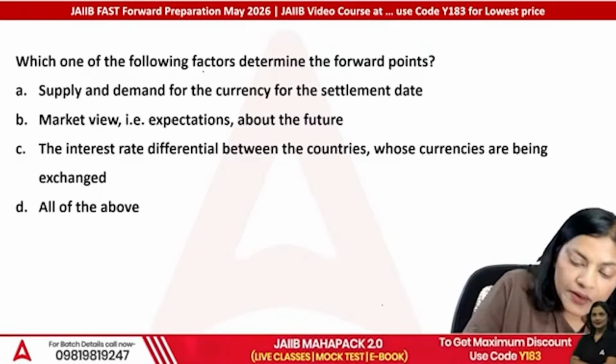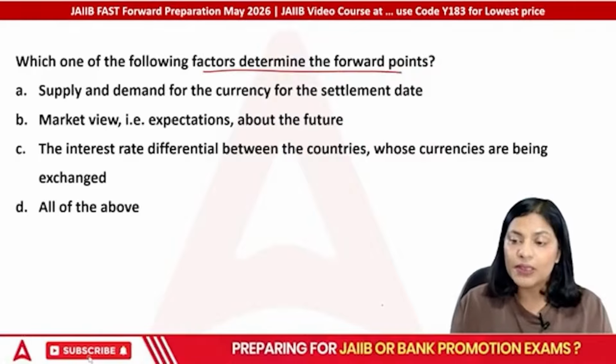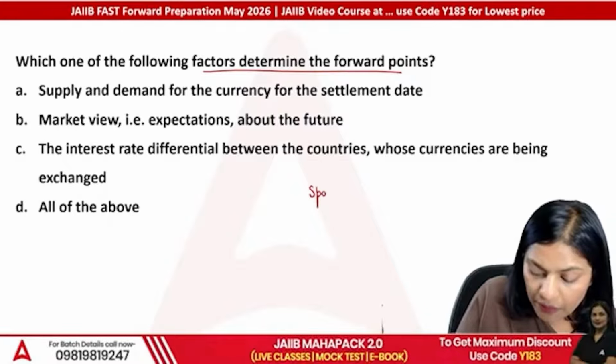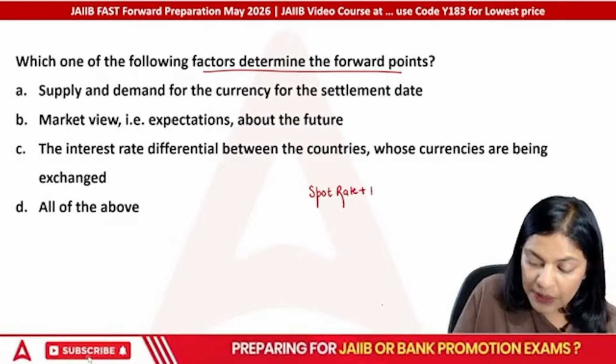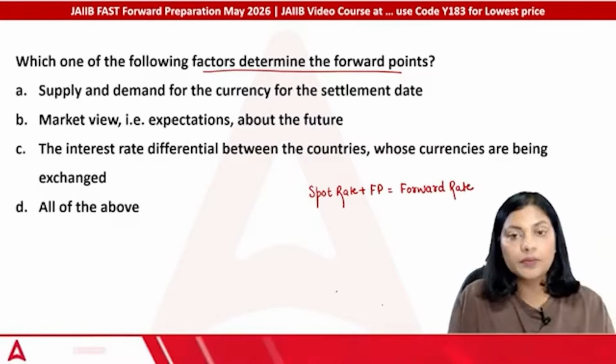Now see, what are the various factors that would determine our forward points? When we talk about forward points, we have the spot rate. Spot rate plus forward points gives us the forward rate, correct?